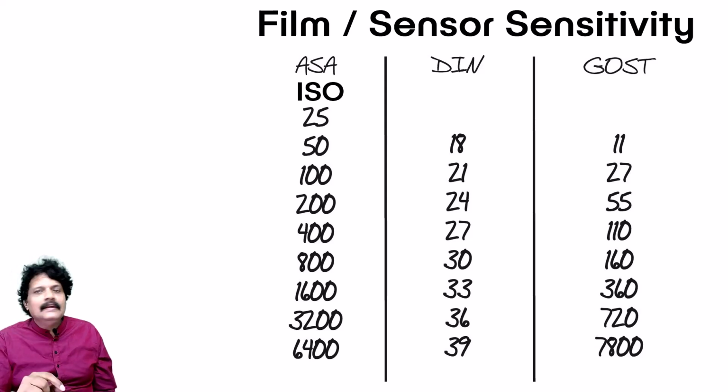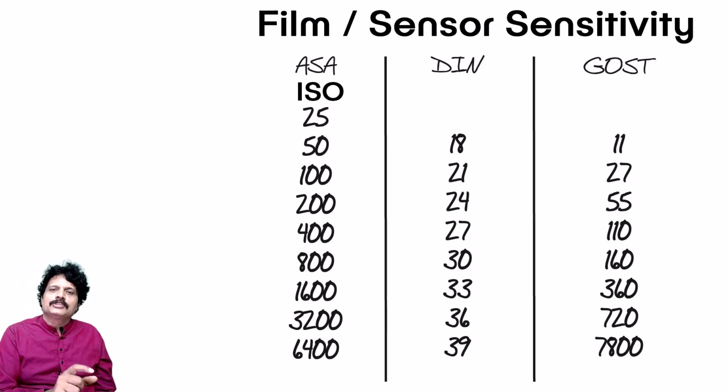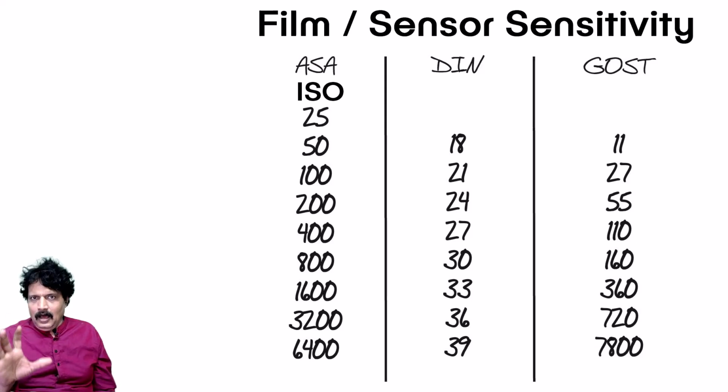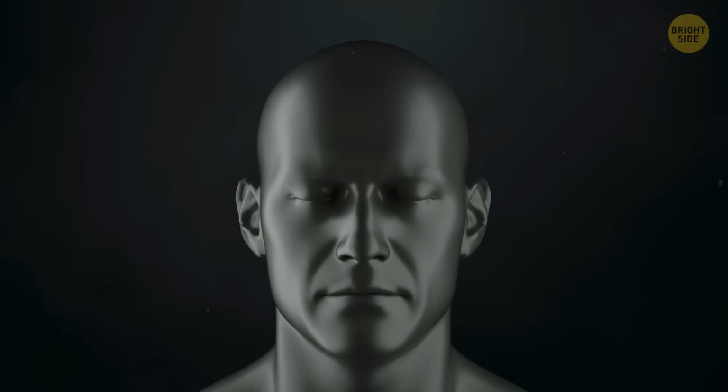And today in digital, we use the same terminology and we measure this sensitivity using ASA or ISO. ASA stands for American Standard Association and ISO stands for International Standard Organization. We used to call this slow speed film, medium speed film, high speed film. So this value we call the sensitivity.